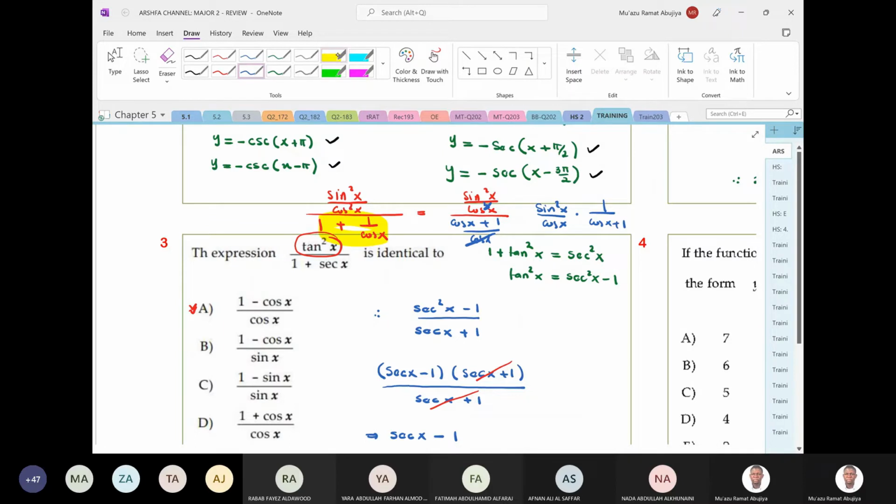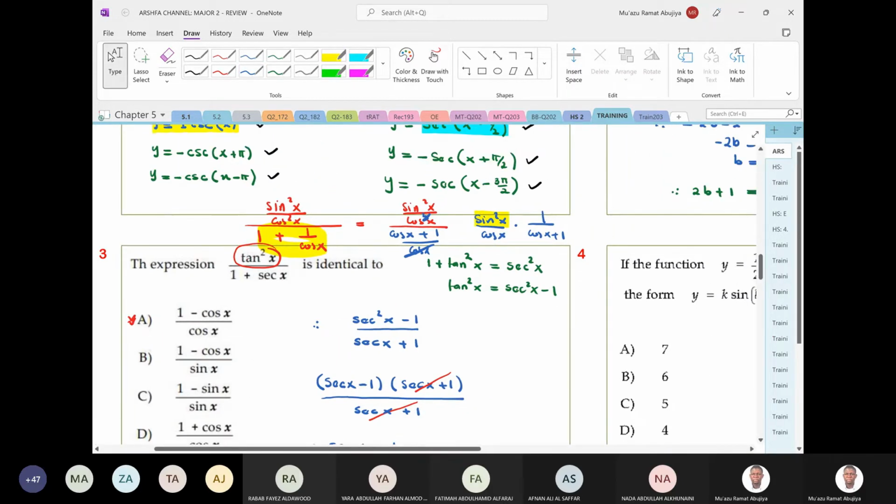Now, I am going to change sine squared to cosine: sine squared is going to be 1 minus cosine squared of x, divided by cosine of x into cosine of x plus 1.